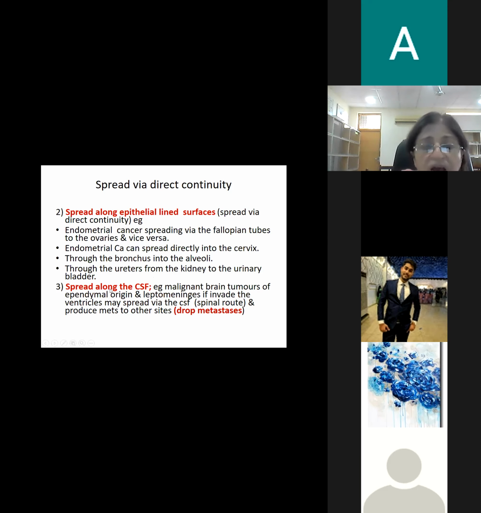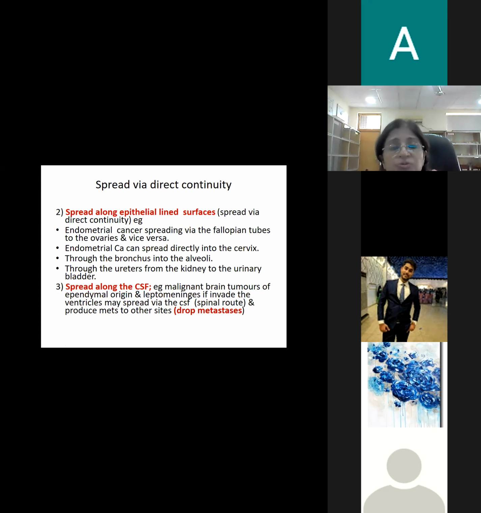Then we have spread along the cerebrospinal fluid. This is also a type of direct spread. Now malignant brain tumors, अभी हमने बताया था कि आमतौर पर जो malignant brain tumors हैं, they do not produce metastatic deposits. But if there is a malignant brain tumor of the ependymal linings, as you all know that they are the linings of the ventricles.